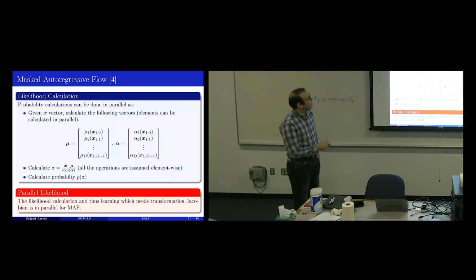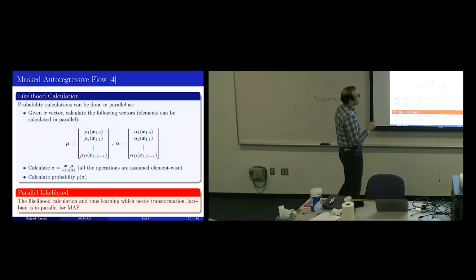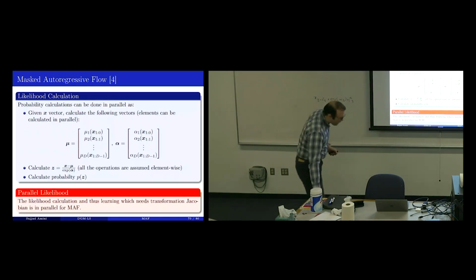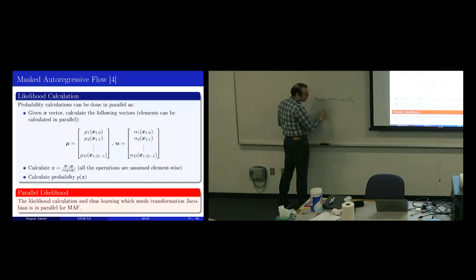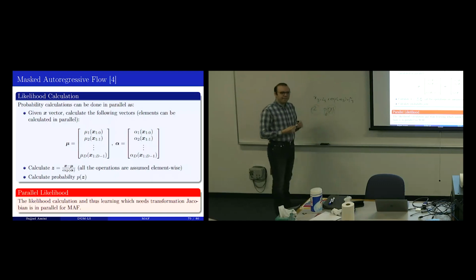So why is the likelihood calculation in parallel? Assume that in likelihood calculation, instead of having access to z, you have access to x, and you want to know what probability your model assigned to this x.